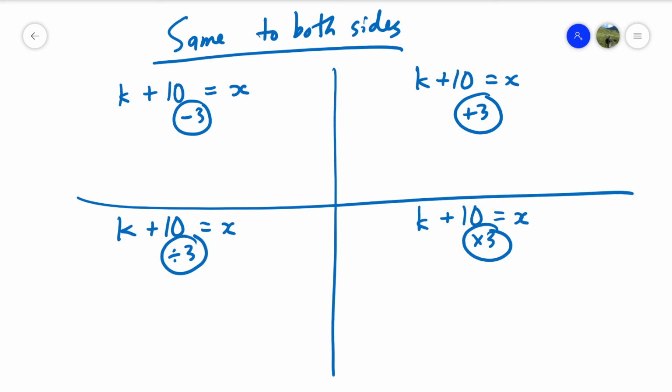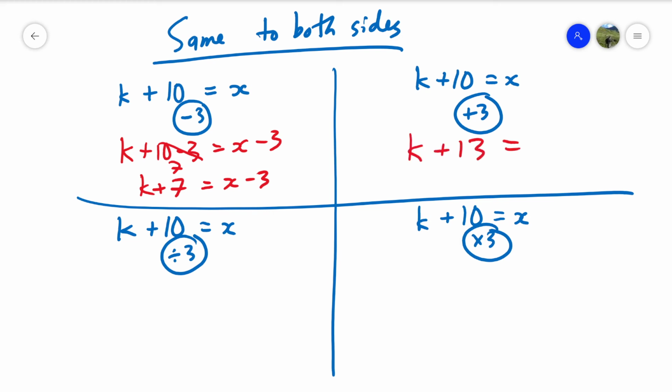Welcome back. The first one is k plus 10 minus 3 equals x minus 3. That makes 7, so it's k plus 7. The next one, well, we add 3 ones to each side, so that'll be k plus 13 equals x plus 3.